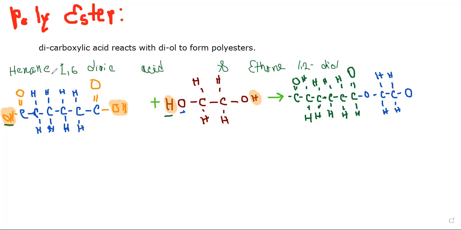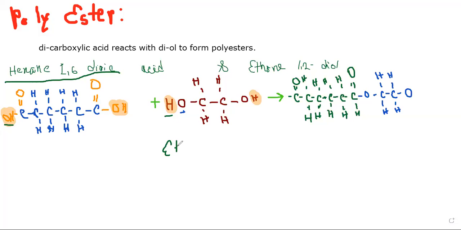So it is hexane 1,6 dioic acid. It is ethane 1,2-diol. Sorry for the spelling mistake.